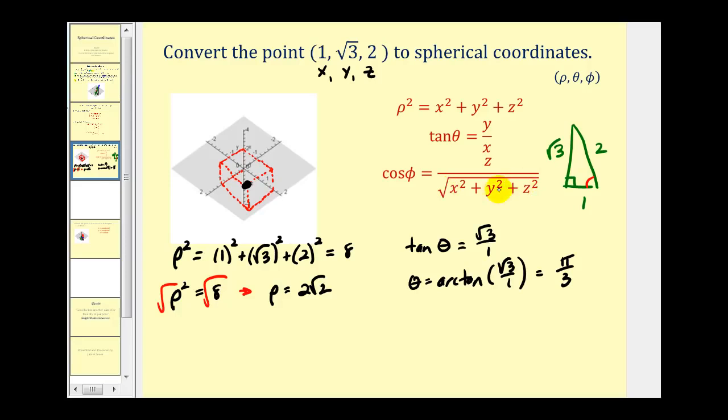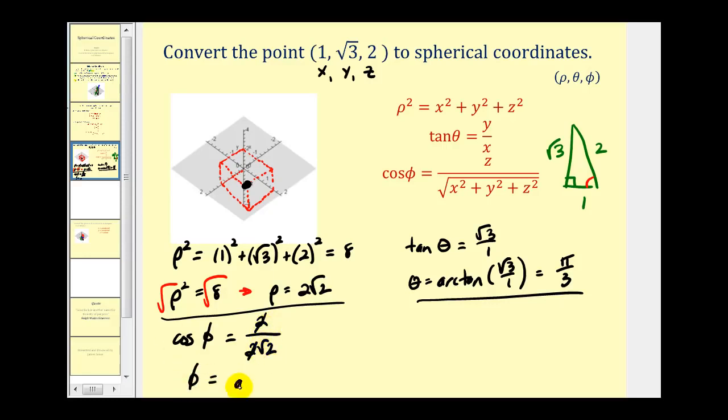So we can use this last equation here that states cosine phi is equal to z, which is 2, divided by the square root of x squared plus y squared plus z squared, which is the same as rho, and we found rho to be 2 square root 2. Well, this simplifies nicely. So if cosine phi is equal to 1 over square root 2, we know that phi is equal to arc cosine of 1 over the square root of 2.